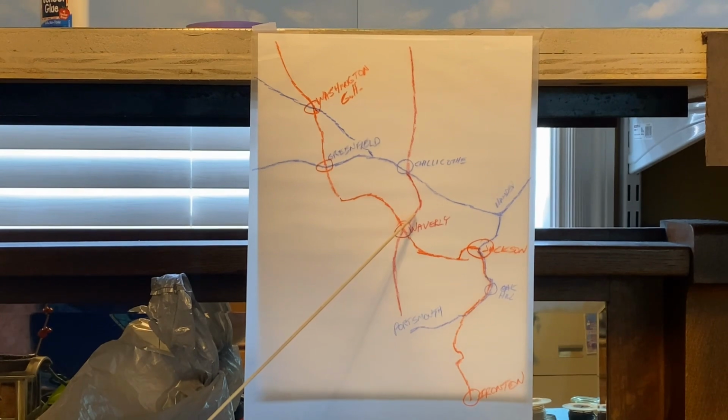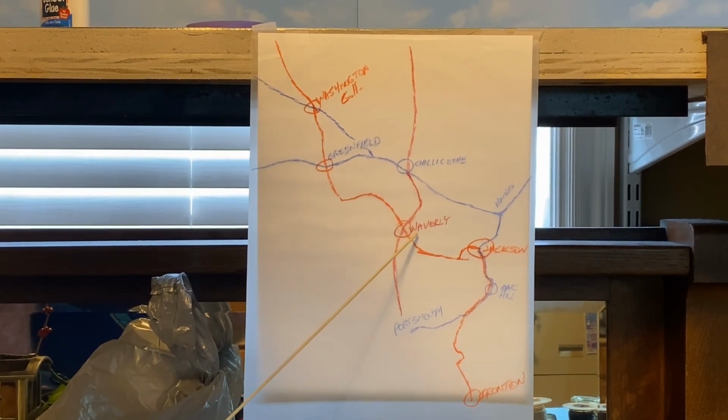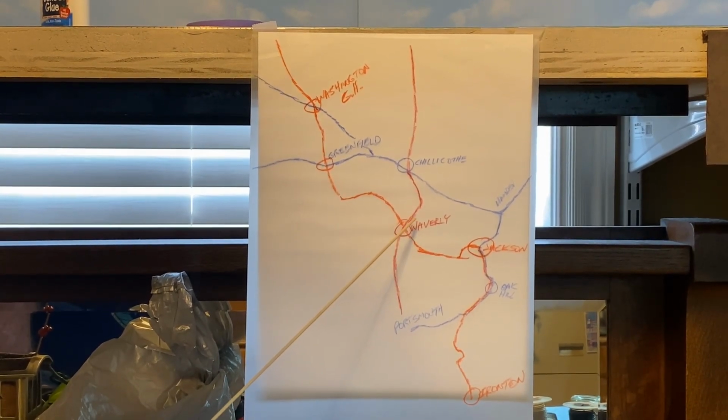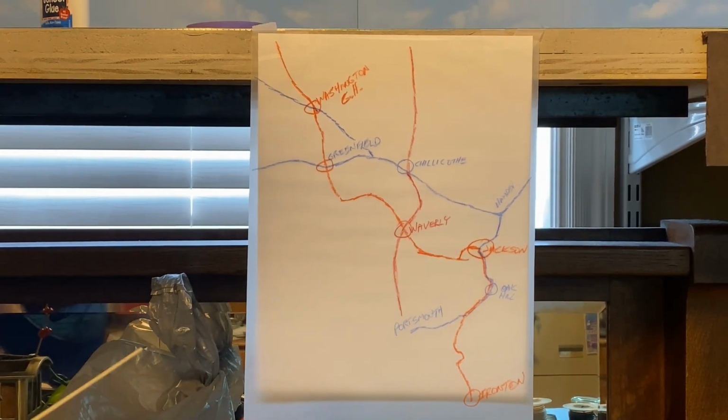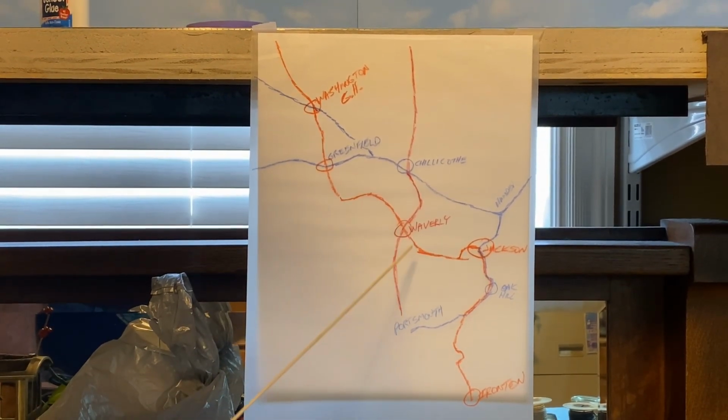Basically they could take the C&O down to a place called Greg's, and then they could run into Jackson to where their shops were and everything. And they had big interchanges with the C&O at Greg's and also at Wavewood.